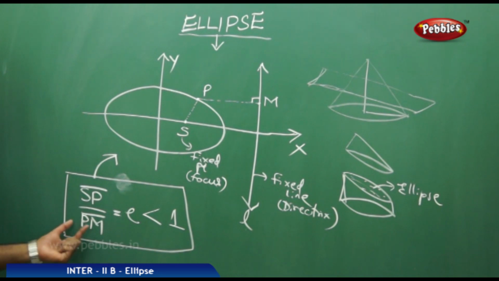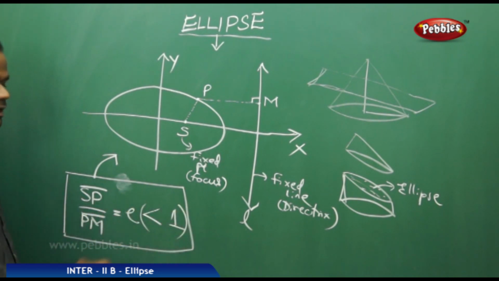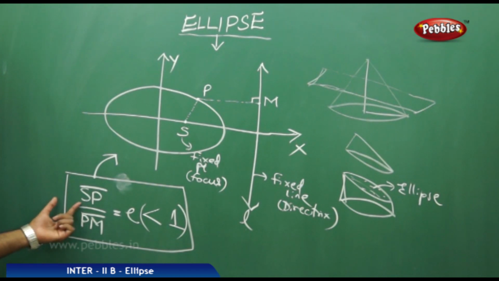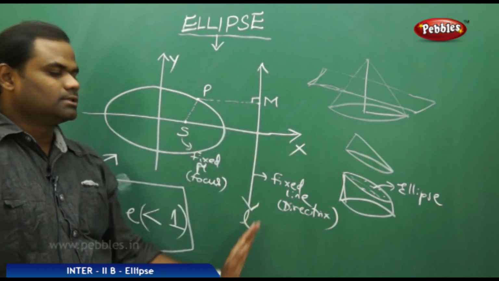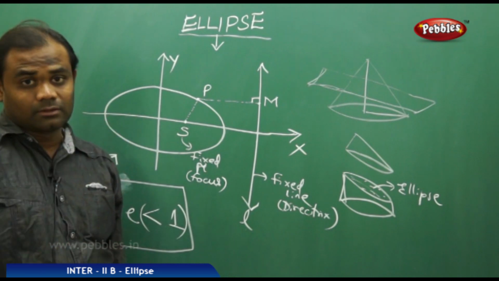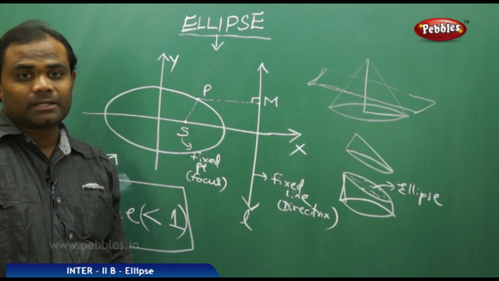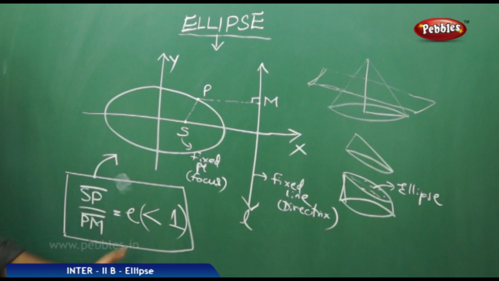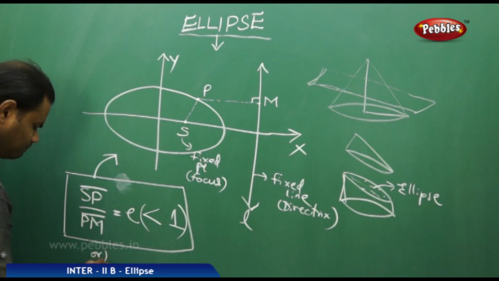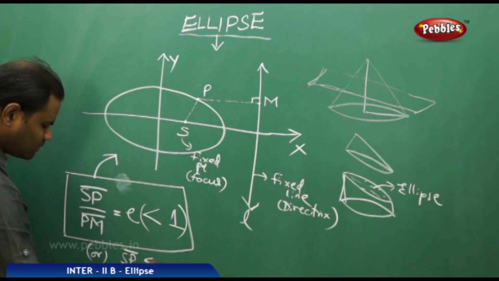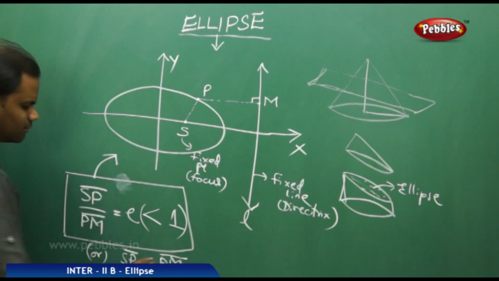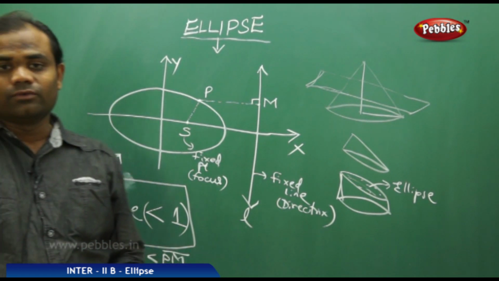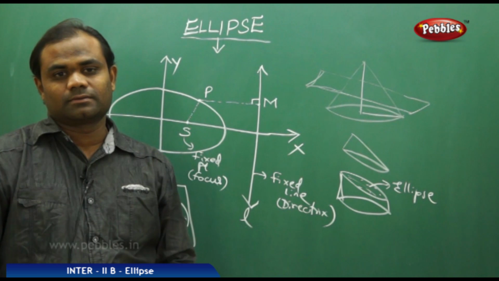If SP by PM is less than 1, we call this an ellipse, where S is the fixed point and this is the fixed line, the directrix L. So SP by PM is less than 1, or SP by PM equal to E, with E less than 1, is how we define the ellipse.